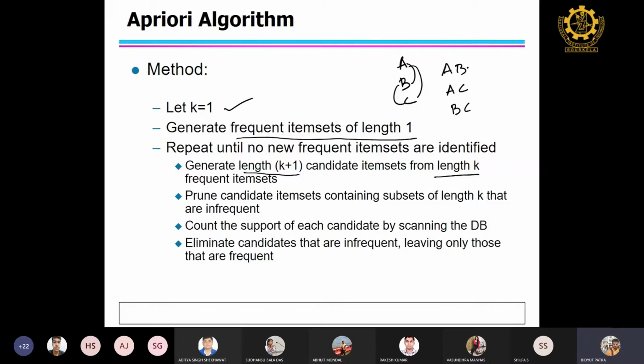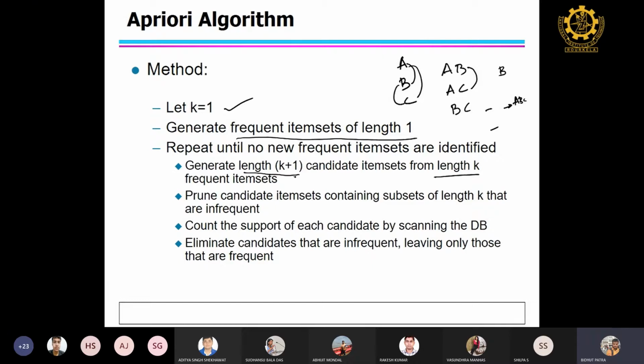You combine AB with AC. Then AB, AC, BC, but this cannot be combined. Okay, will come later. So when you combine AB and AC, A is the same, and then we have B and C, so combined you will have A, B, C.